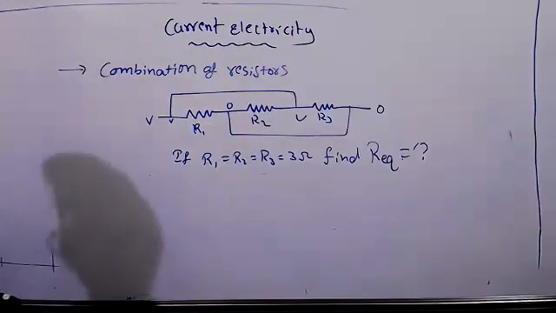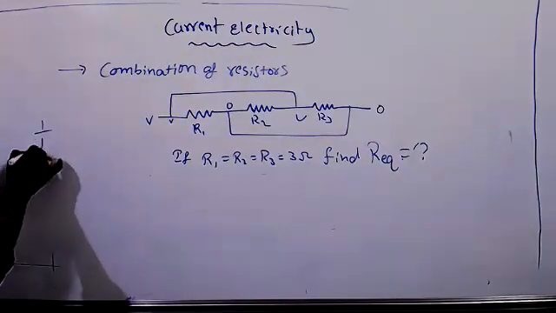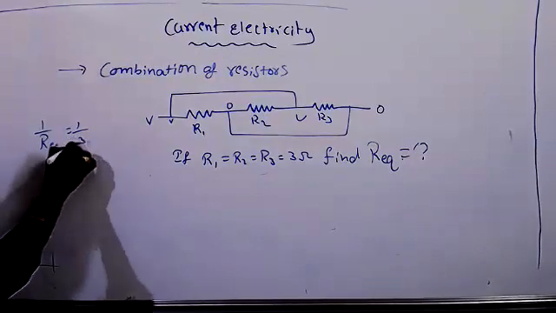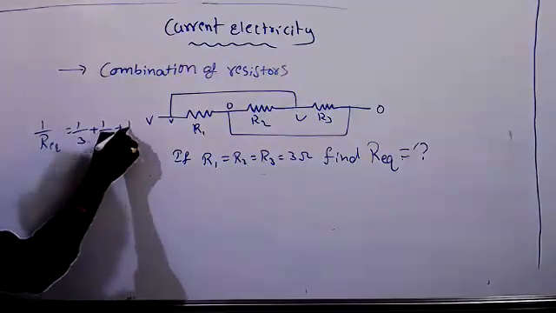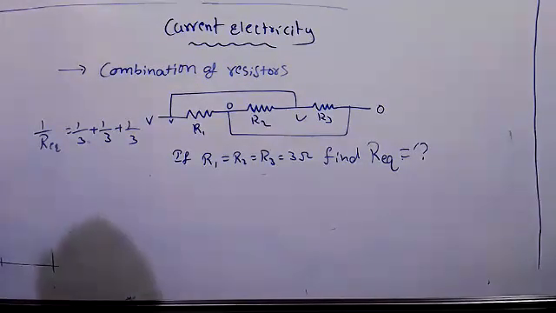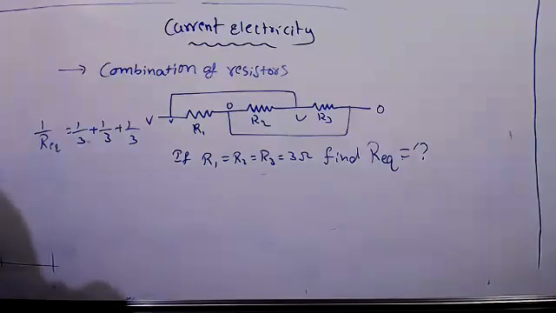How much did you get as the answer? 1 by R equivalent equals 1 by 3 plus 1 by 3 plus 1 by 3. How much? 3 by 3, that is 1.